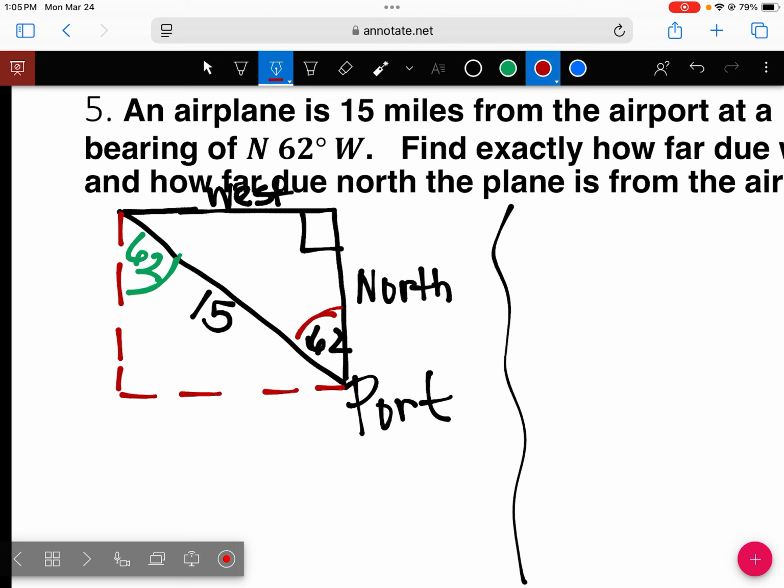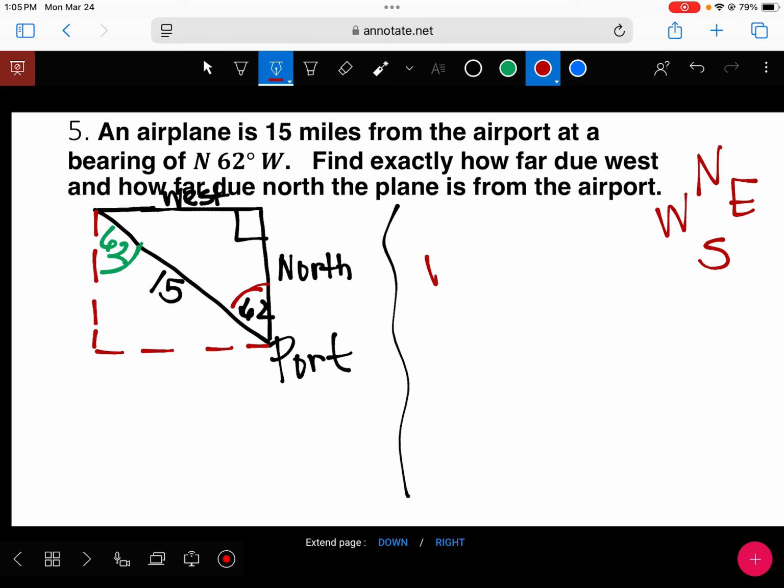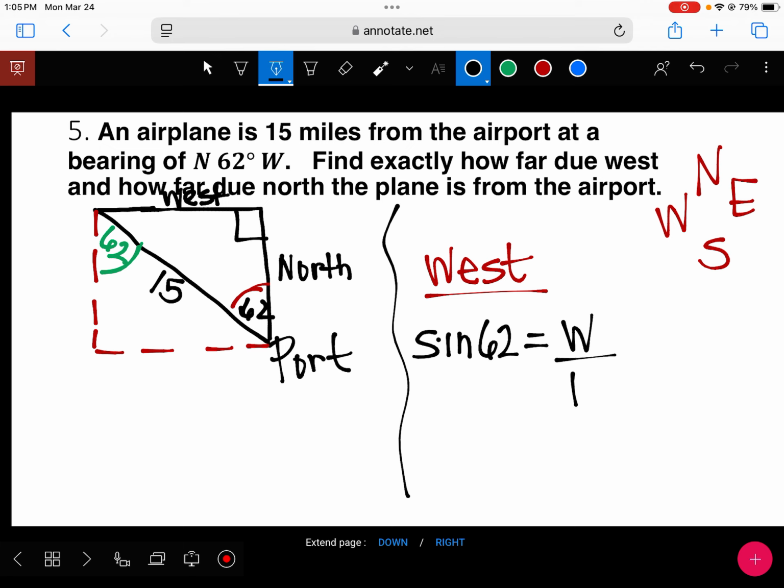So keeping this as my angle, I have my hypotenuse. What would I use to find west? Sine, because west is opposite, and I know my hypotenuse. So to find west, it would be the sine of 62 equals opposite, so I'm going to put a W over hypotenuse.